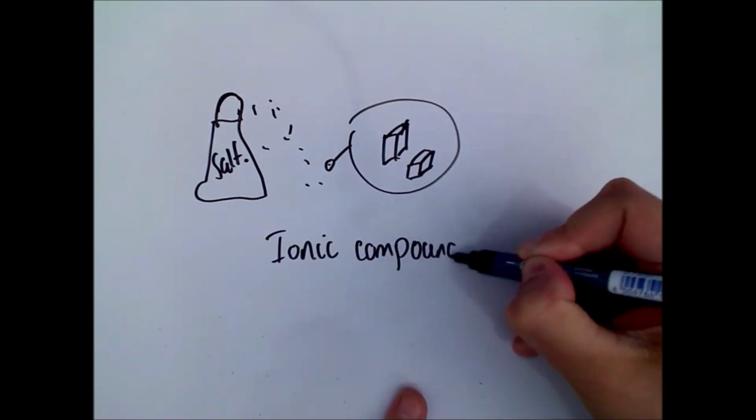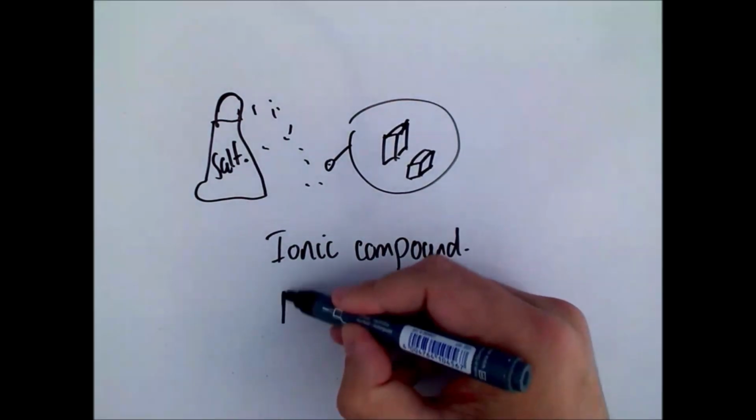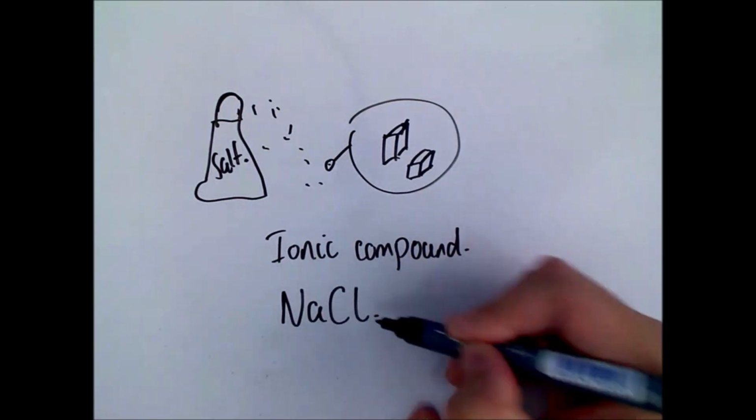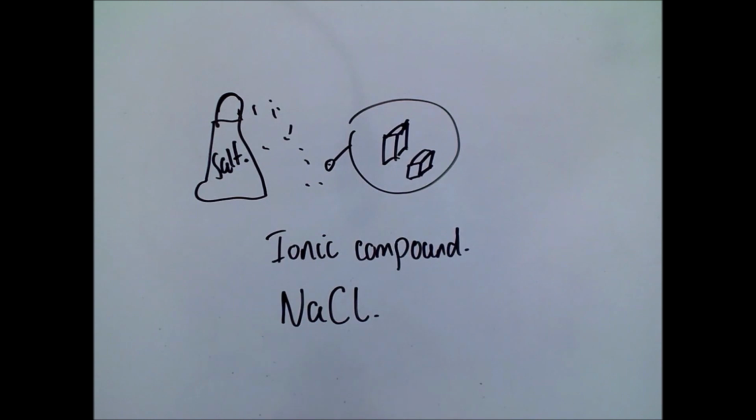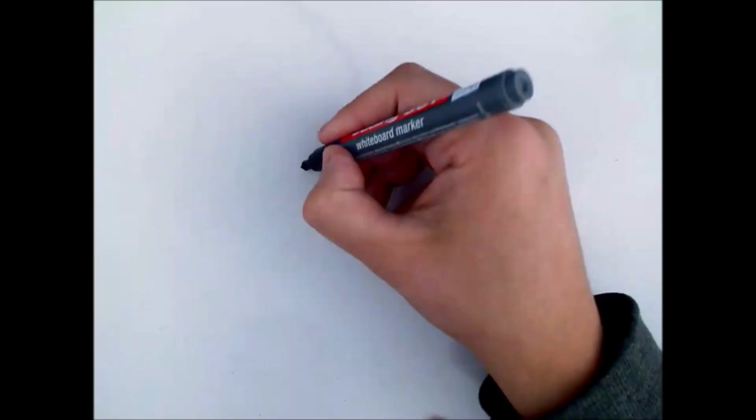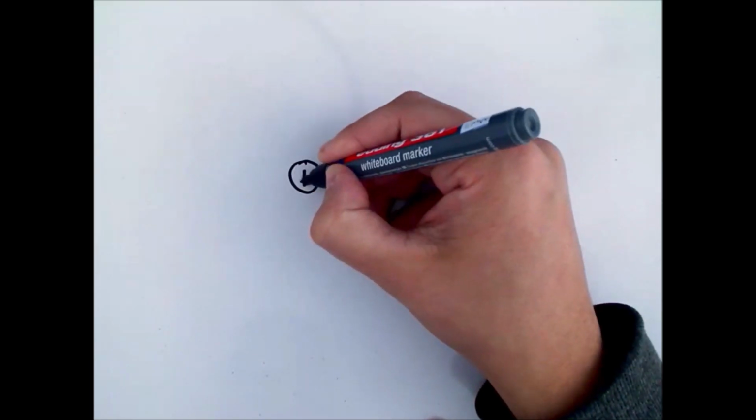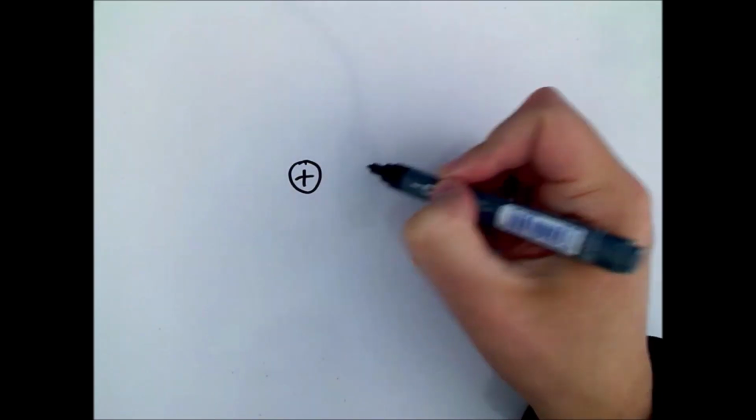Now salt is an example of an ionic compound. It is sodium chloride, what we talked about last time, one atom of sodium and one atom of chlorine held together by that electrostatic charge. If we zoomed in even further on that cube and we looked at the individual ions, let's start with our positive ion, that metal one. That charge doesn't just go in one direction to the chlorine next to it as we were drawing.